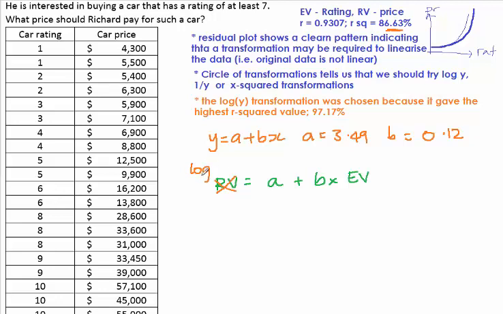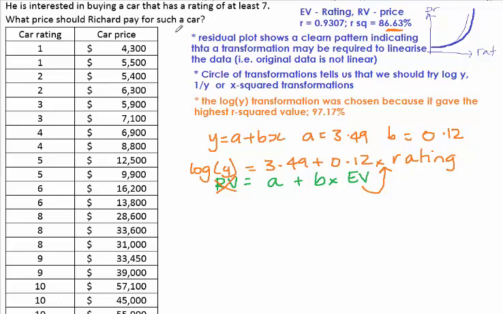So I'm going to write log of y equals, I've still got the A, 3.49 plus B, 0.12. And my explanatory variable remains the explanatory variable, which is rating. So now I have this as my expression for how I will do my calculation.